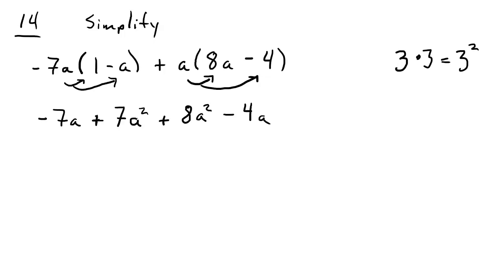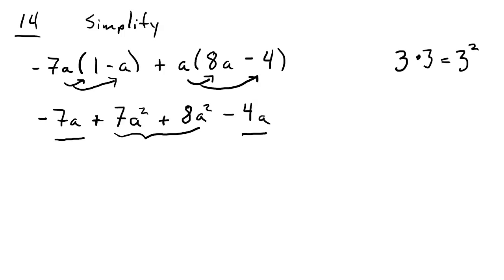So now we combine like terms, and these two terms right here are like terms, the 7a squared and 8a squared, and then we have a negative 7a and a negative 4a that are like terms as well. So I like to write my numbers in a kind of ascending or descending order. So I like to put the squareds before the not squareds, things like that.